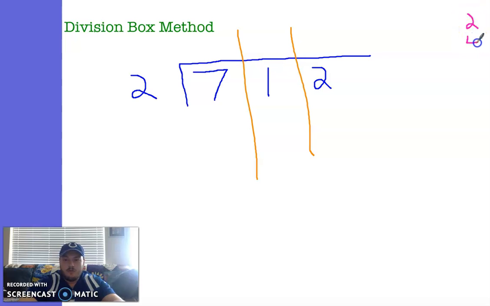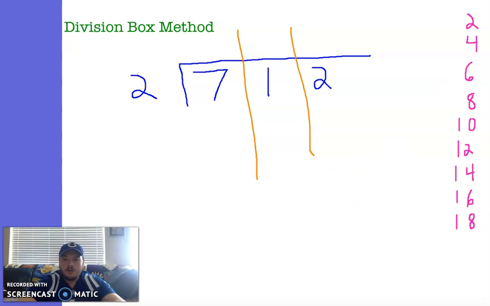So I've got 2, 4, 6, 8, 10, 12, 14, 16, and 18. That's my first step.